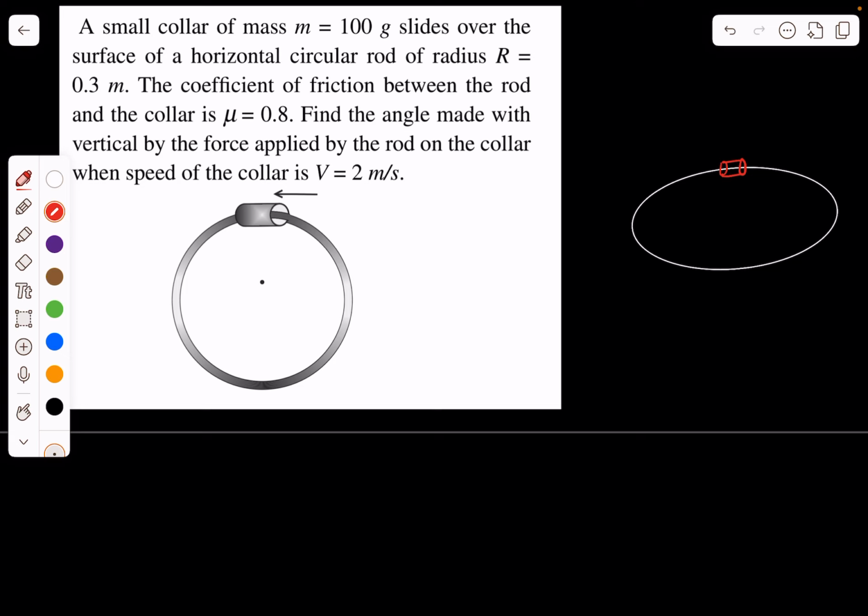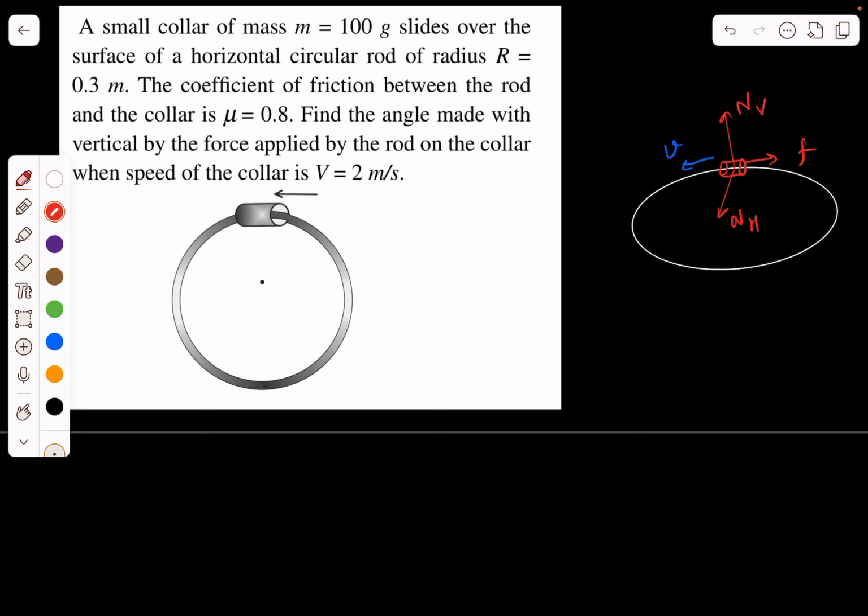So the collar will experience one component of normal reaction in the vertical direction. Let us call this NV. Another component in the horizontal direction directed towards the center. Let's call it NH. If the velocity of the collar is towards left, let us say this is B, then the friction force by the rod on the collar will be acting towards left, F.